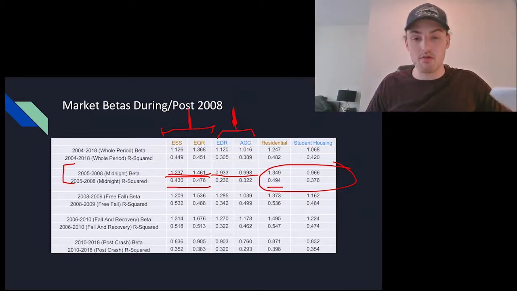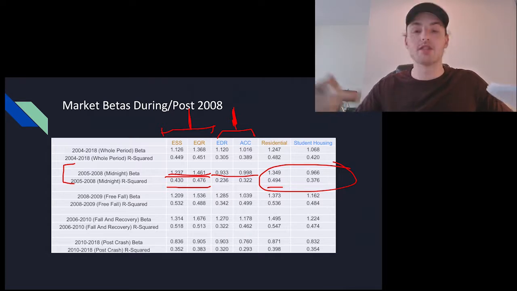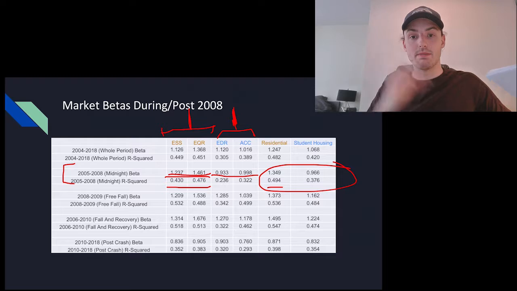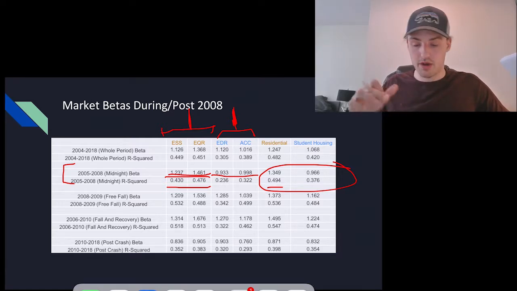So obviously it rationally makes sense that residential real estate itself became more linked to the overall market, because residential itself was becoming a larger player in equity markets.